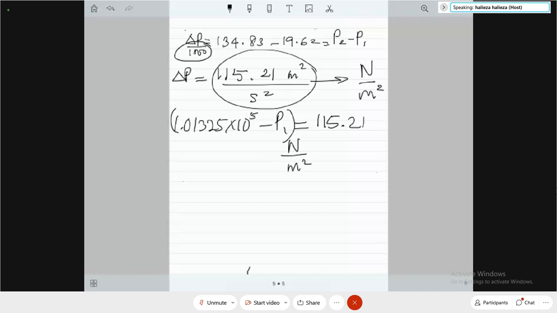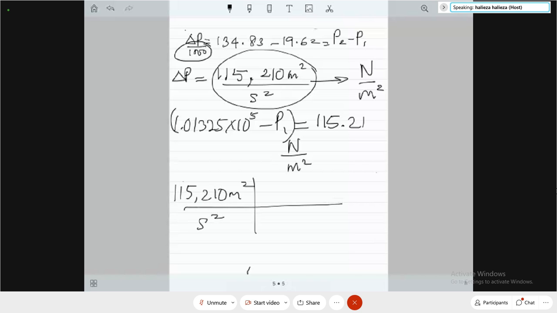Yeah, times by 1000. Okay, sorry. That's right, isn't it? So that's 115,210. Okay, that's the answer. Now, how to get this 115,210 meter square to Newton meter square?